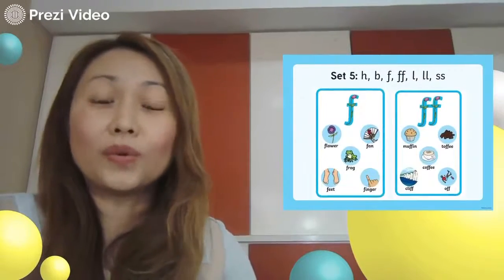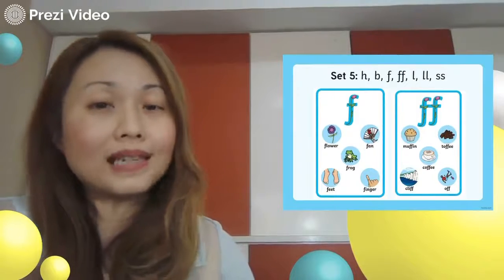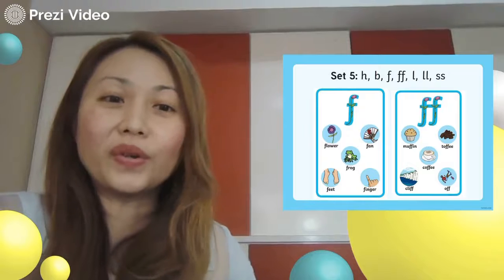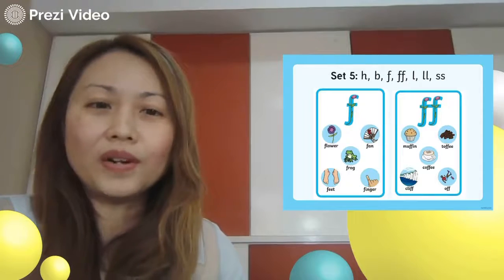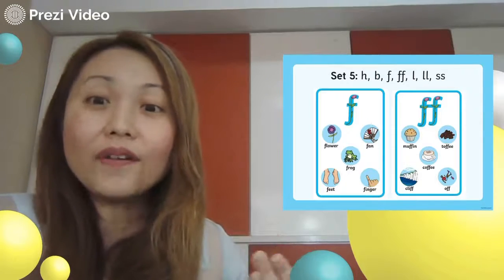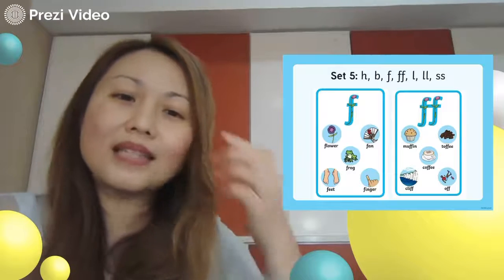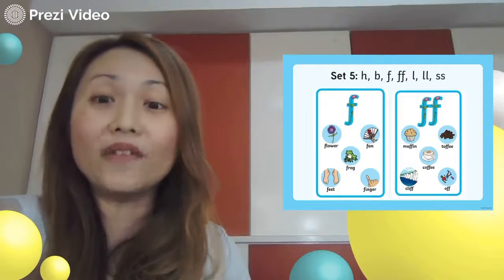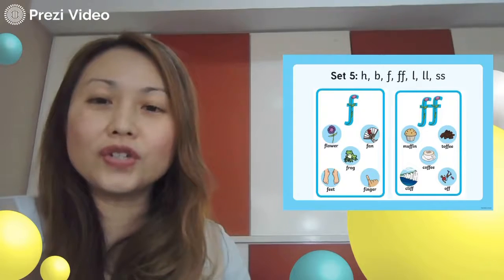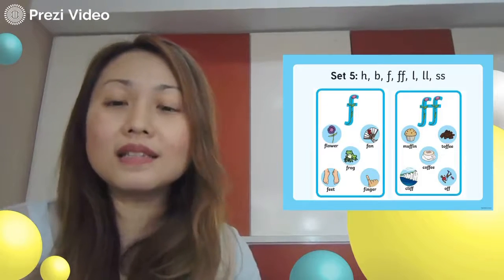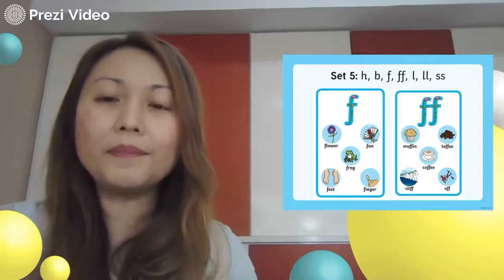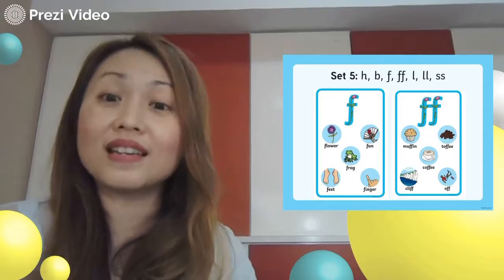Some phonemes can be represented by more than one grapheme. If you notice here, the F in flower sounds exactly the same as the double F in muffin. So introduce these differences in spelling, but it sounds the same.